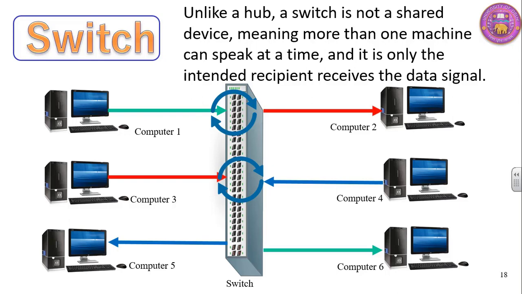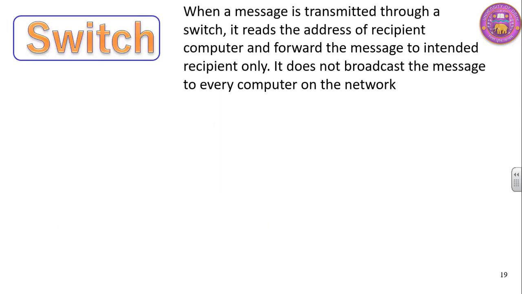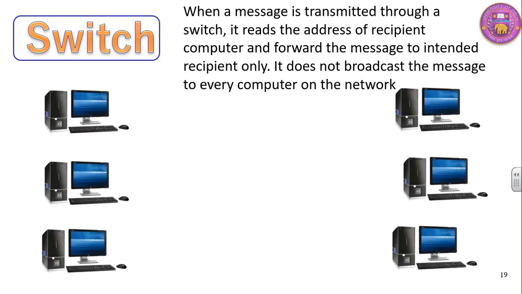It reads the address and transmits the message to the recipient computer. So when a message is transmitted through a switch, it reads the address of the recipient computer and forwards that message to the intended recipient only. It does not broadcast the message to every computer on the network.